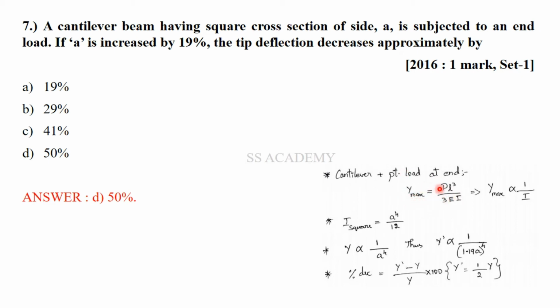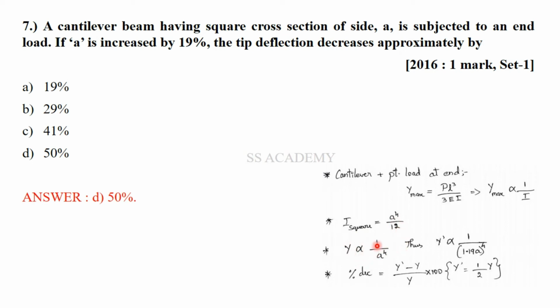So the maximum deflection is given as PL cubed by 3EI, which means that Y max is inversely proportional to I. Not only in this particular cantilever case, always deflection is inversely proportional to the moment of inertia. We know that for I of a square, a power 4 by 12 is the formula.